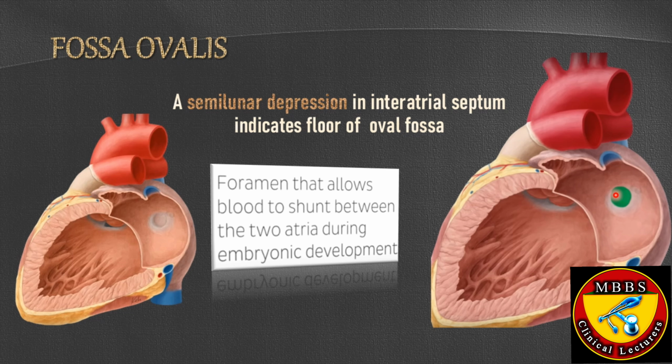So that is why it is called a fossa ovalis. This is the remnant of the foramen ovale, which allows the shunt between two atria during embryonic life. But if it persists, it is called a PDA, patent ductus arteriosus, which is the congenital disease in which this foramen does not close, and it is surgically corrected afterwards.